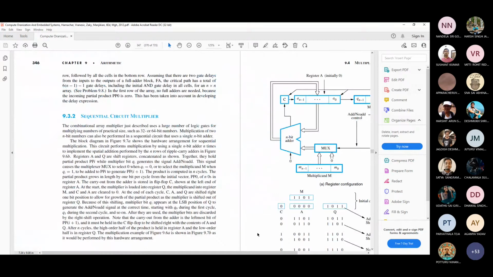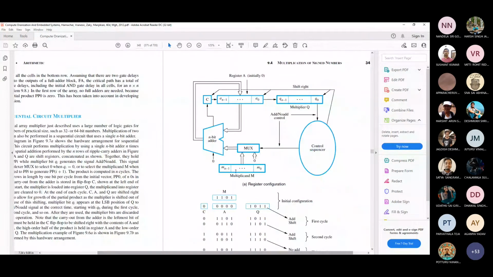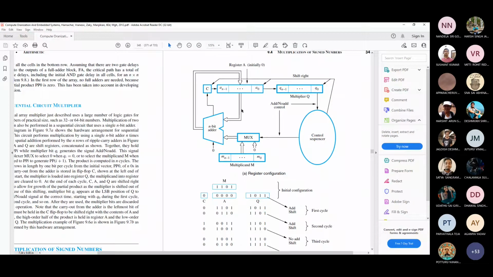The second one is a sequential multiplier. I hope that this has also been discussed in your digital electronic circuits. The simple sequential multiplication means you have the multiplicand here, and you see that the multiplicand passes through a multiplexer.